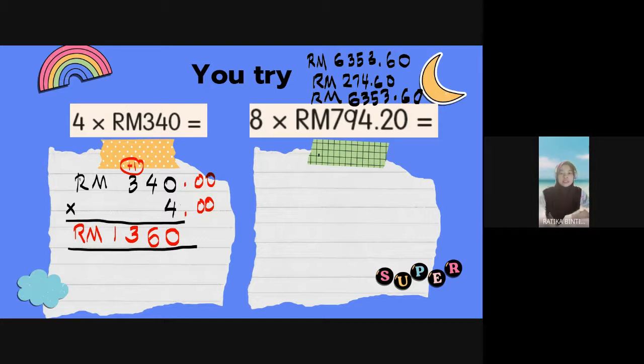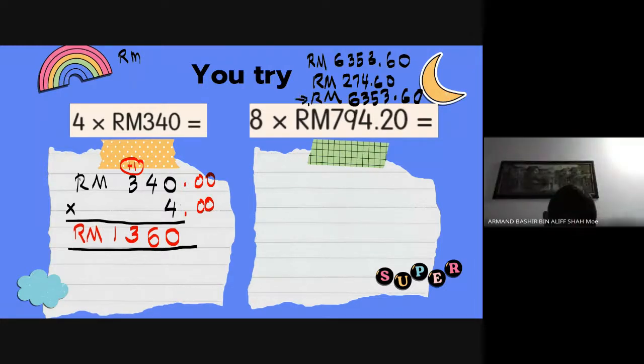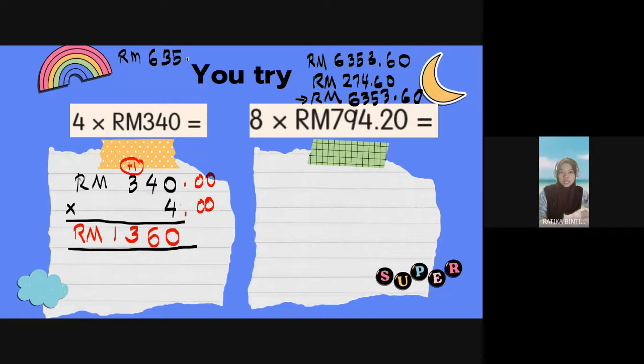Anybody else? Yes, Arisa? My answer is 6,353 and 60 cents. Okay, the same like this. Who gave the answer 600 earlier? Ziad, right? RM635.36. Okay.